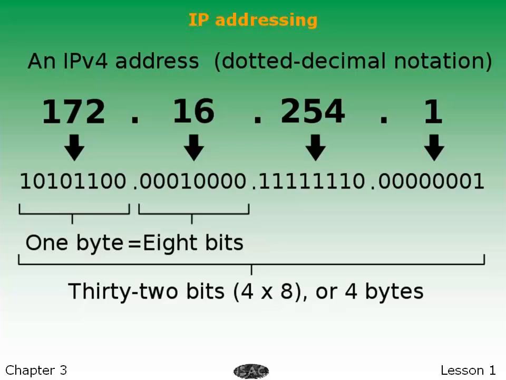IPv4 addresses are canonically represented in dot-decimal notation, which consists of 4 decimal numbers, each ranging from 0 to 255, separated by dots.